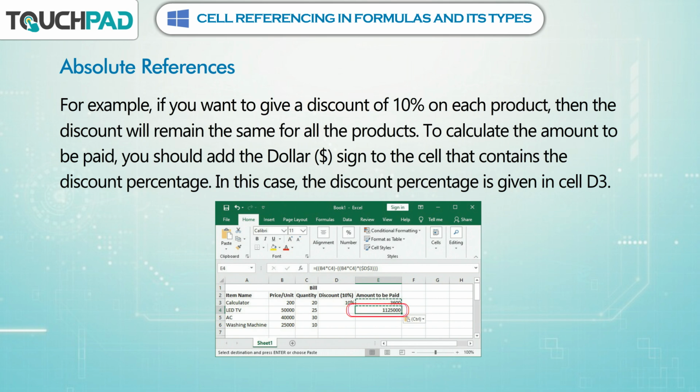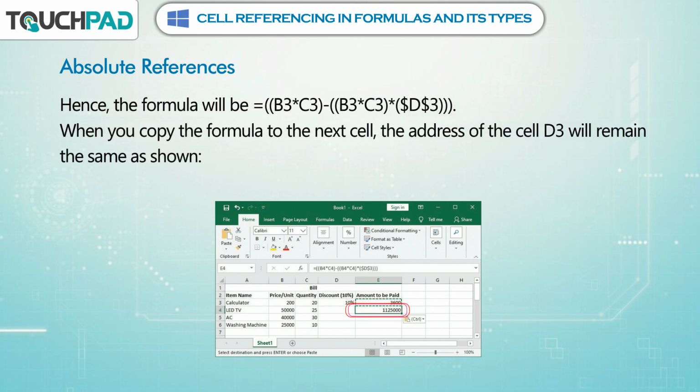To calculate the amount to be paid, you should add the $ sign to the cell that contains the discount percentage. In this case, the discount percentage is given in cell D3. Hence, the formula will be =(B3*C3)-(B3*C3)*$D$3. When you copy the formula to the next cell, the address of the cell D3 will remain the same as shown.